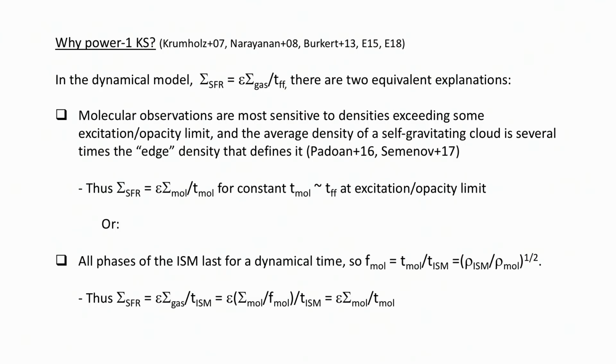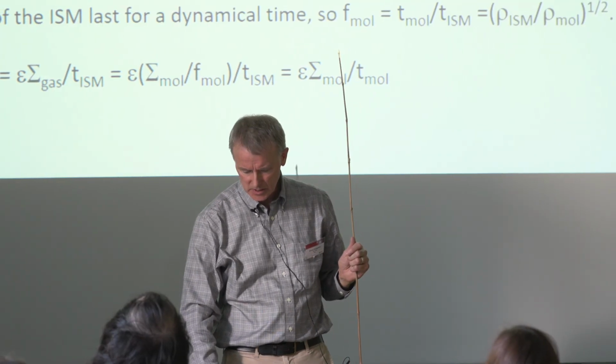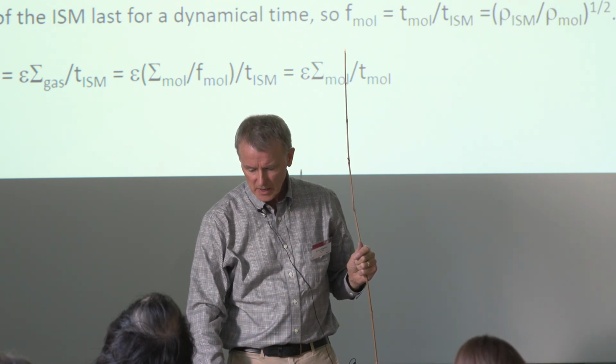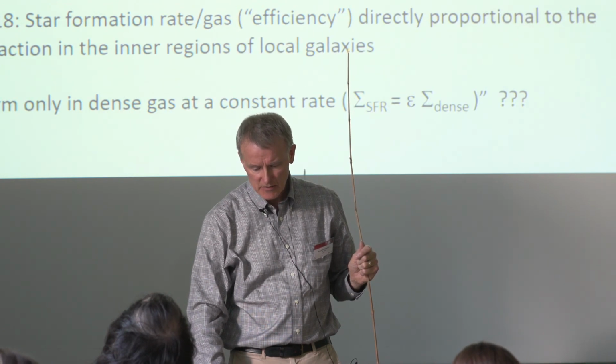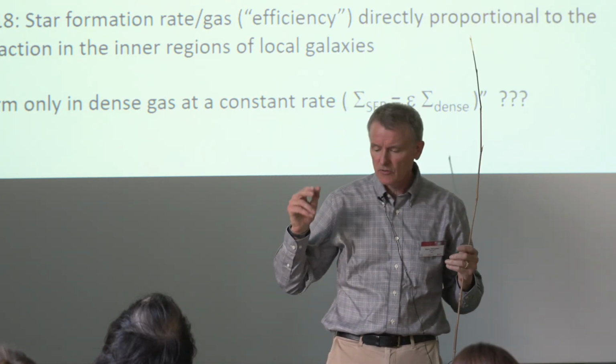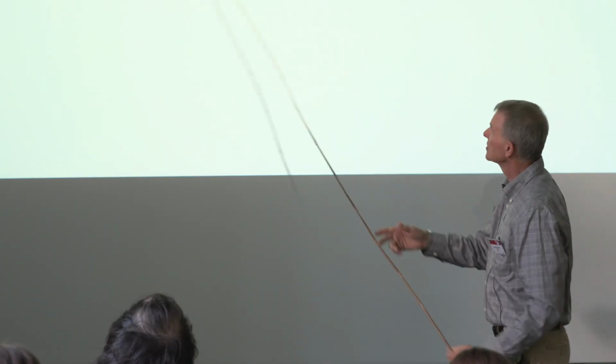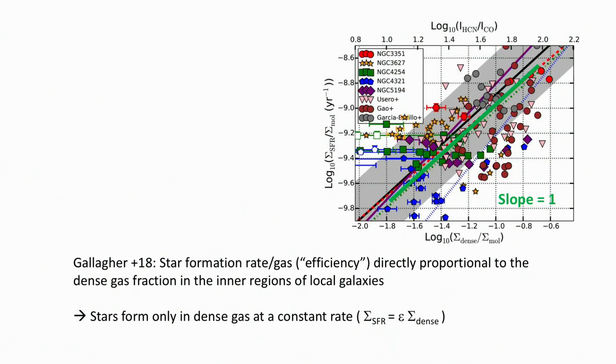So why is it the power 1? You can think of this in 2 ways, and I've exceeded my time. I should really quit. It's essentially what I've just said. You're selecting a certain density, and then the time scale is automatically the time scale of that transition density. And so you're essentially just counting clouds. There's a detail having to do with thinking that stars only form in dense gas, but that's just a result of algebra where CO is on a steeper law than HCN.